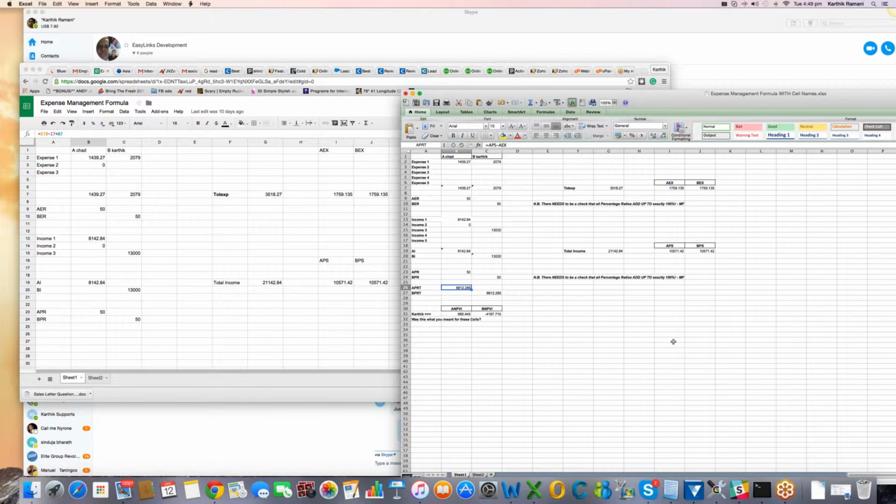Okay, but that should be the actual net, shouldn't it? If you look at my sheet, shouldn't that really be the net?